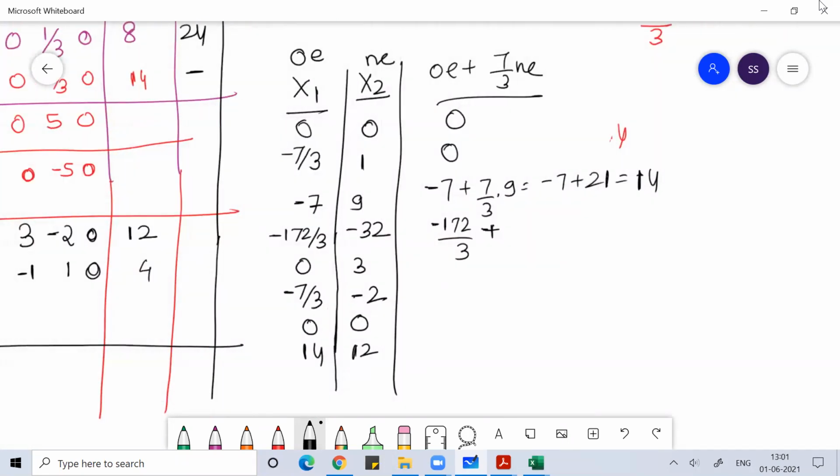So this is minus 7 by 3, right? And this is minus 32. Okay. Now tell me, minus 172 by 3 minus 32 sevens: 7 twos are 14, 1 carry 2, 2 4 by 3.